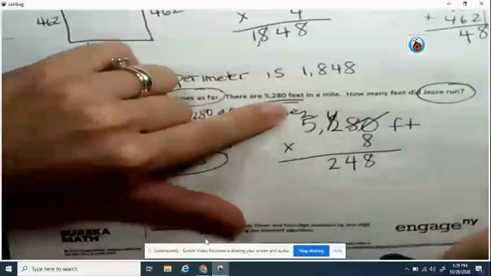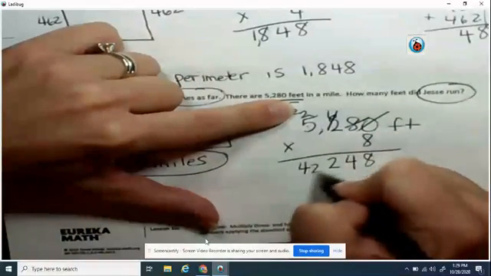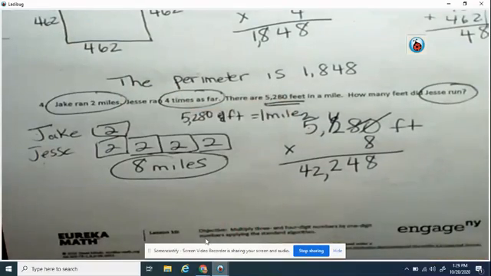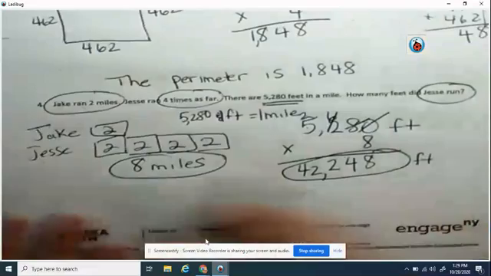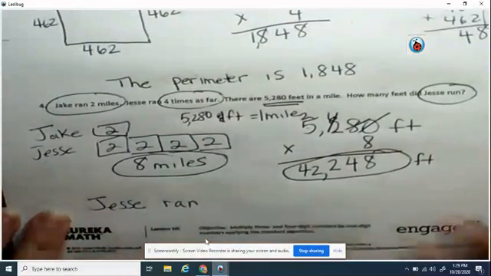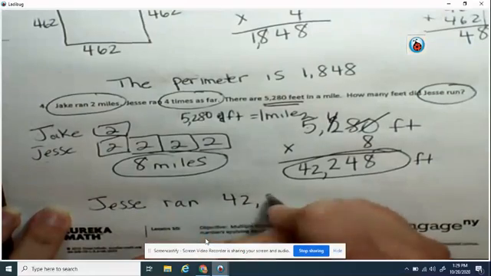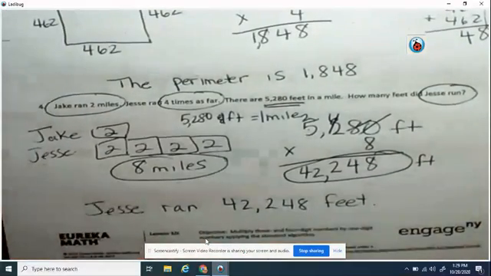Done with that place. 5 times 8 is 40, plus 2 more is 42. So I've got 42,240 feet. So Jesse ran 42,240 feet.